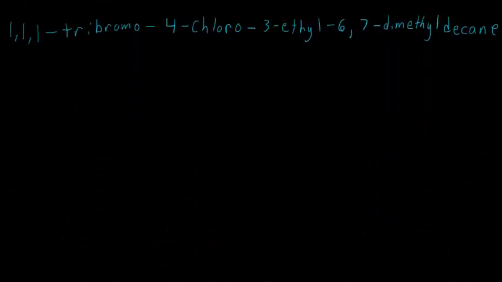So the name is given. We have 1,1,1-tribromo, 4-chloro, 3-ethyl, 6,7-dimethyldecane. And it looks pretty intimidating by the name, but once you break it down, you'll figure this out, and it's not too bad. So we have the decane that we're going to start off with. So it's not a ring, it's just decane. So it's 10 carbons.